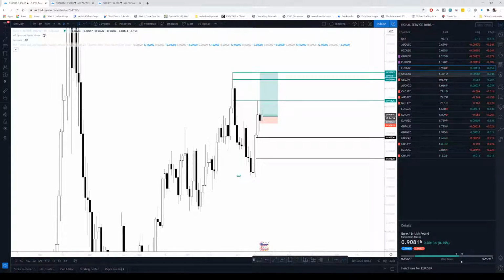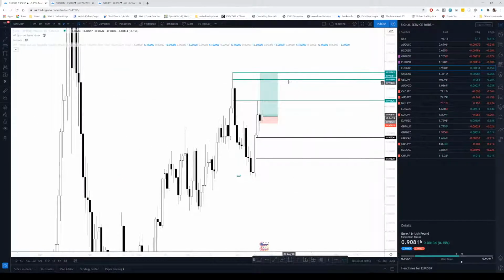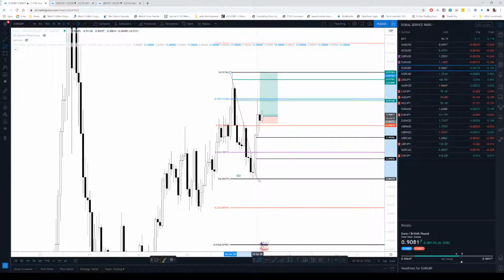Okay, so be mindful if you're trading this. Price is currently sitting in what we call premium. It's too expensive. Yeah, between this high and that low, we are trading at the middle, almost at the middle.